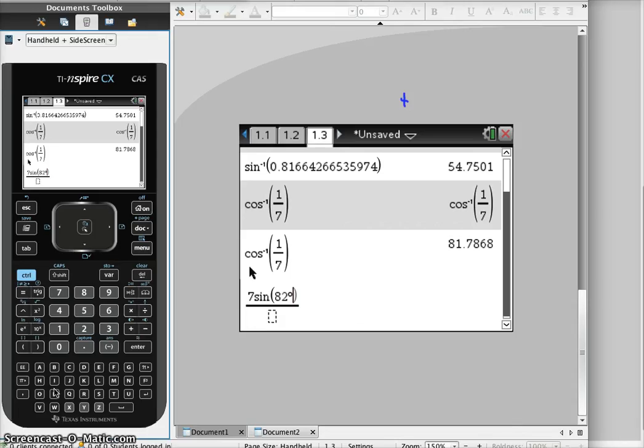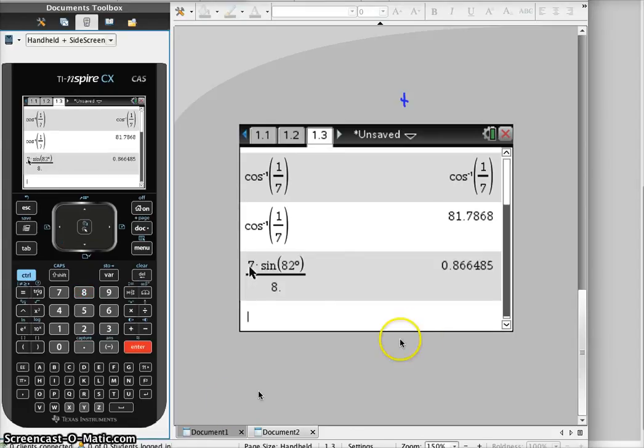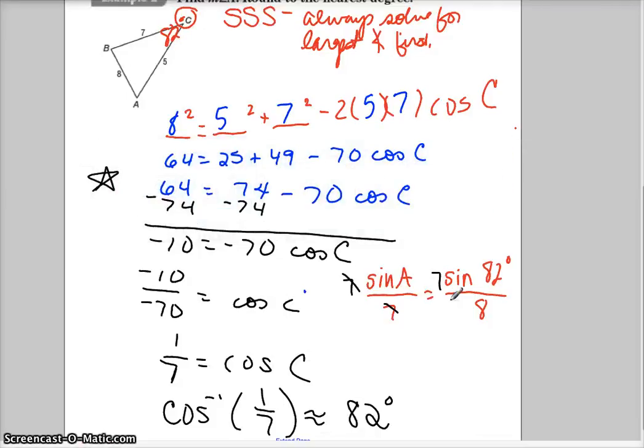So 7 times the sine of 82 degrees divided by 8 gives me a value of 0.8665.